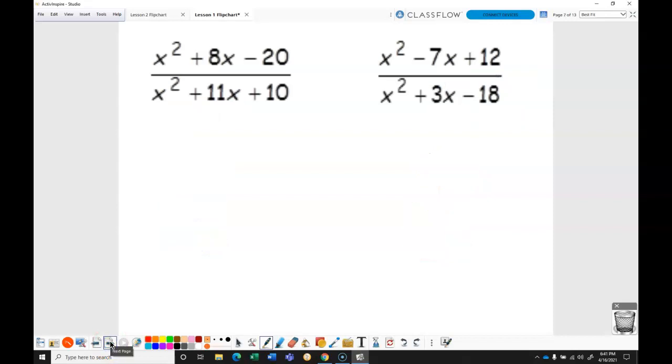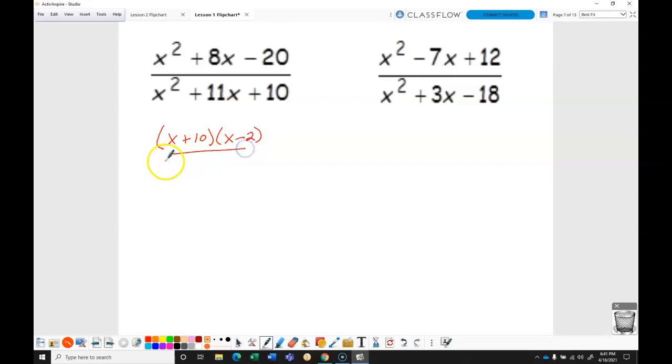Go ahead and pause the video, try and write these down, try and do them yourself. I'll give you a second to pause. Okay, so I'm going to show you the factors that I got for this one. This is page 7. So my factors are x plus 10 and x minus 2.